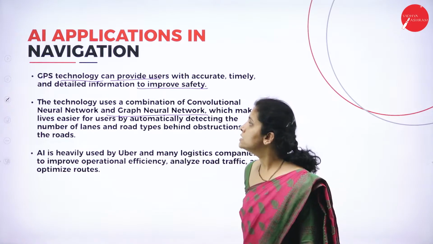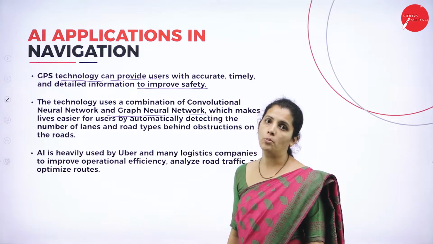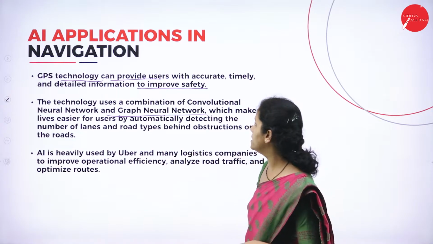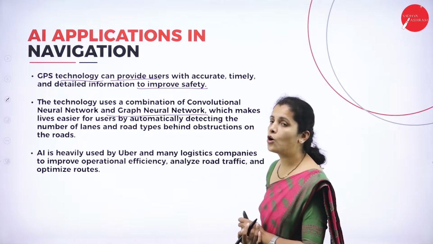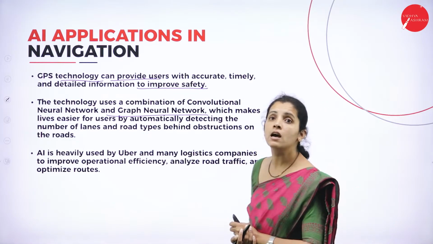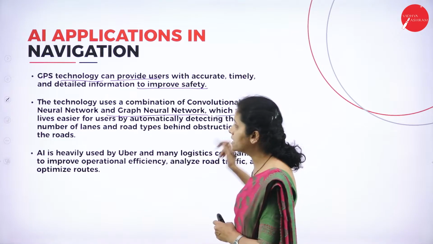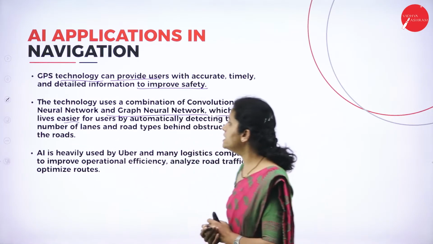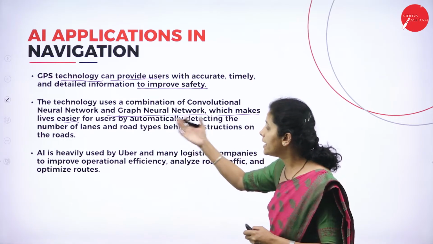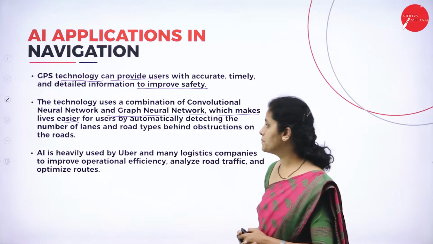By using GPS technology, we can track objects or elements, and it uses a combination of convolutional neural network as well as graph neural network, which makes life easier for users by detecting lanes, that is the number of lanes as well as road types.